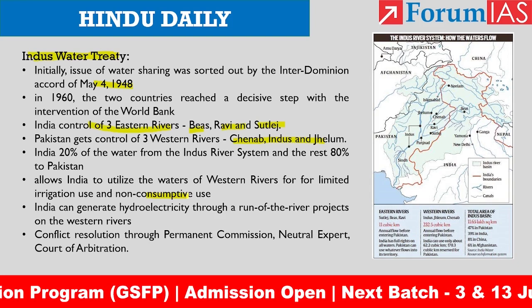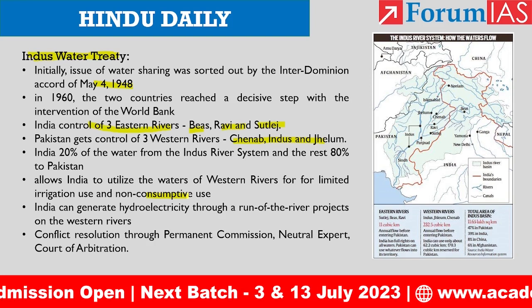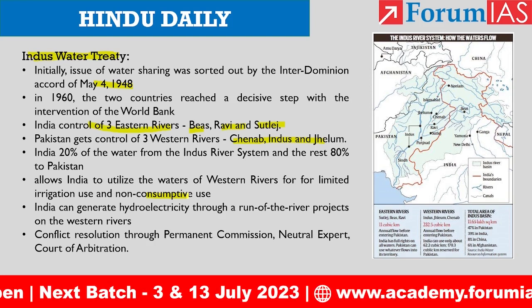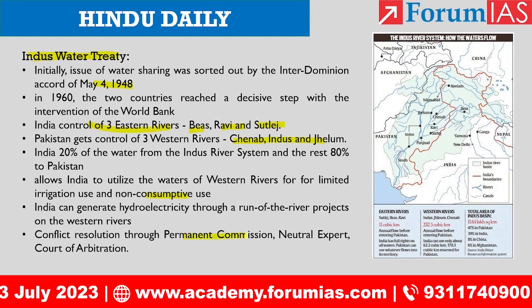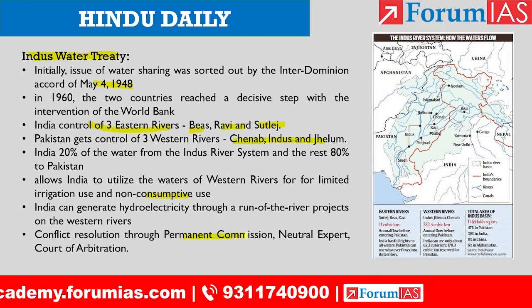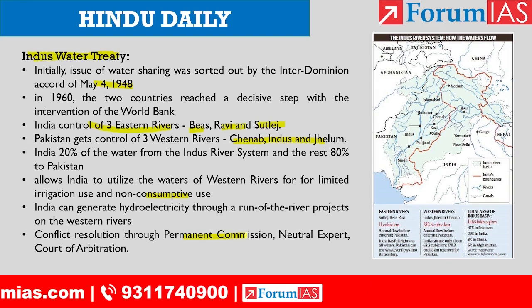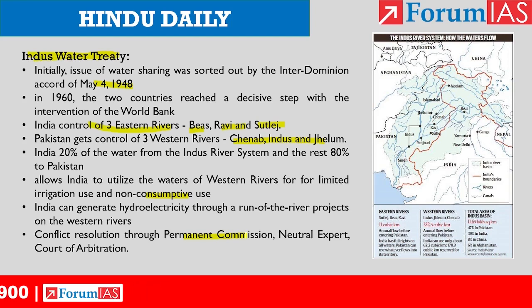See, first of all, IWT provides a 3-step dispute resolution mechanism under which questions on both sides can be resolved at the permanent commission first or can also be taken up at the intergovernment level. In case of unresolved questions between the countries on water sharing, either side can approach the World Bank to appoint a neutral expert to come to a decision.